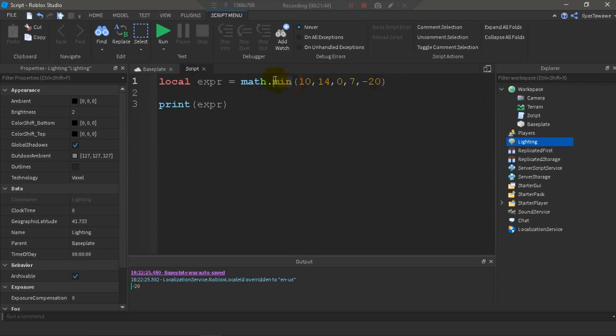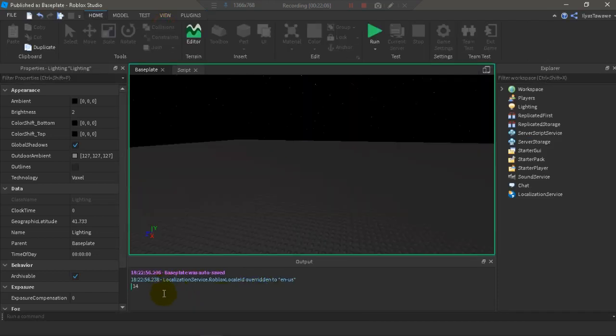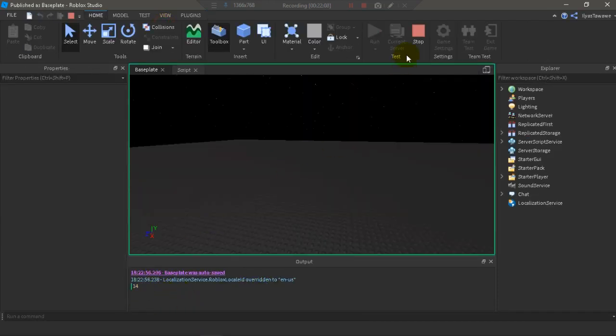Now we have the maximum, math.max. This does the inverted operation. It gives you the maximum number, the biggest number in this set of parameters, which is actually 14, as you know. Let's run it, and it should give us 14. Cool.